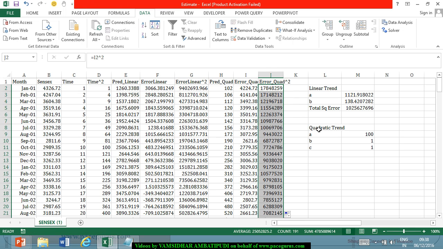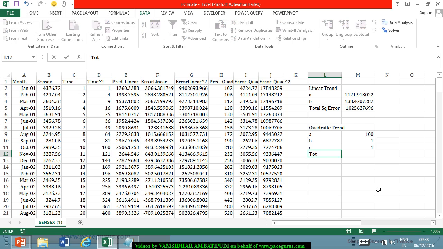So I can now look at the total squared error in the quadratic case, which is working out to 4.785 billion, whereas here the total squared error was 1.025 billion.